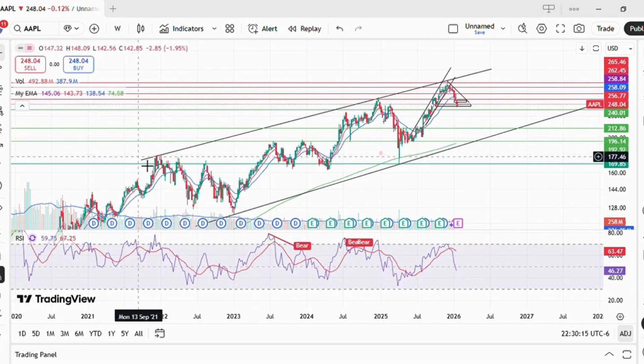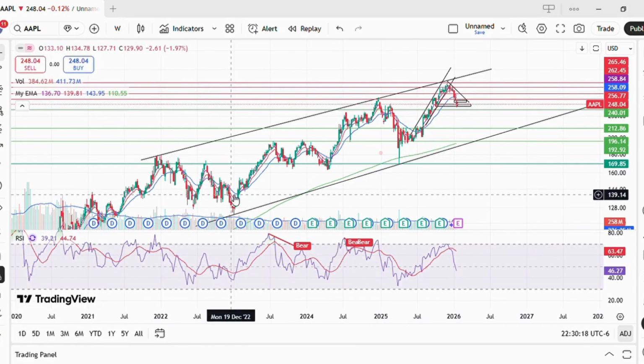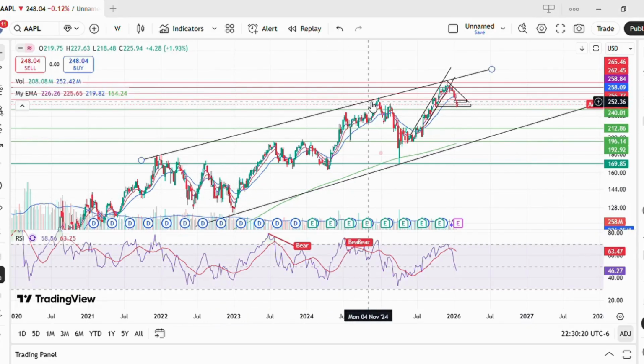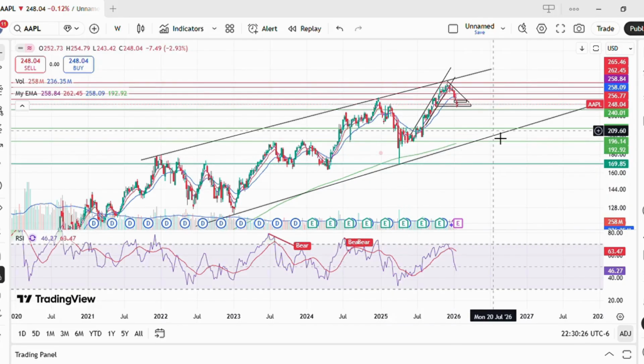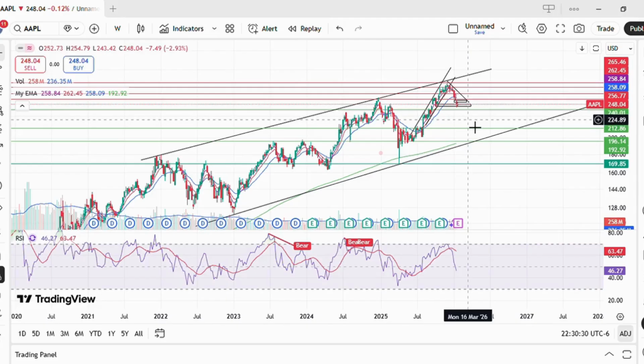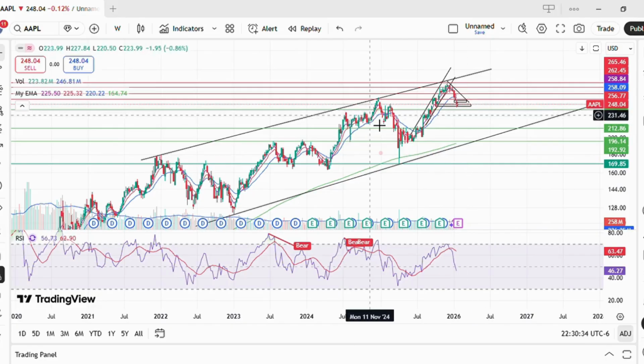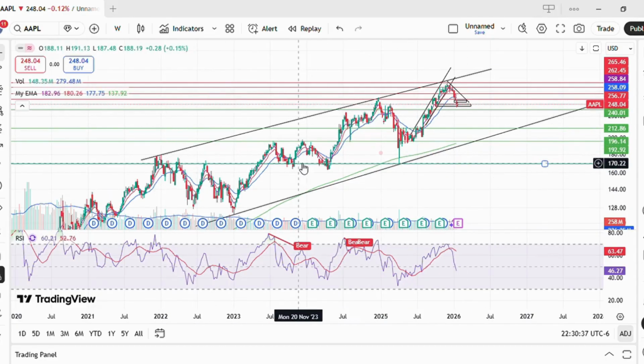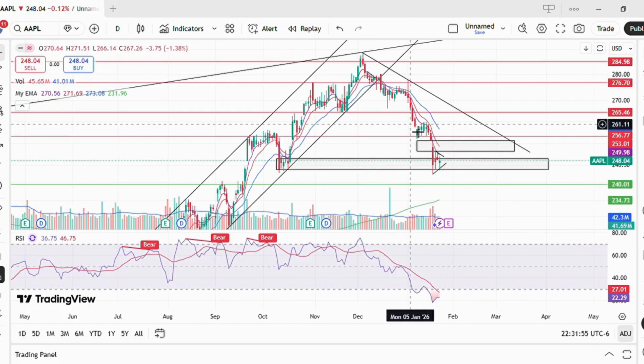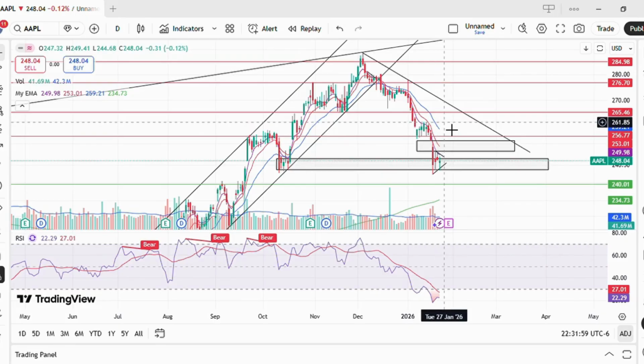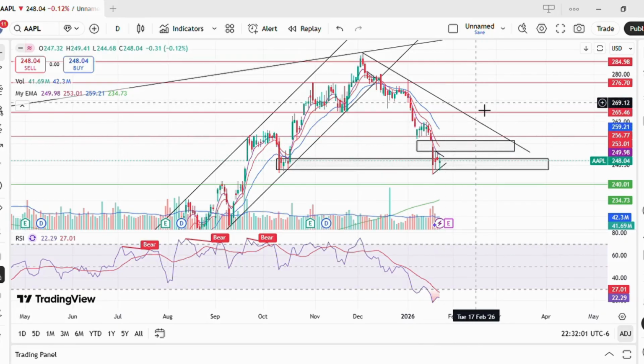The last two times it had a big correction to form a higher low on a larger time frame. So this time also we may expect a larger correction if history repeats like the previous two times. As of now it is on the downtrend. To see a change in trend we need to close above this and then retrace to form a higher low.